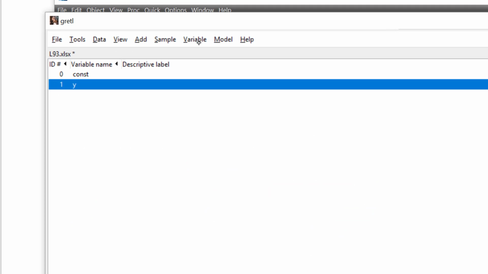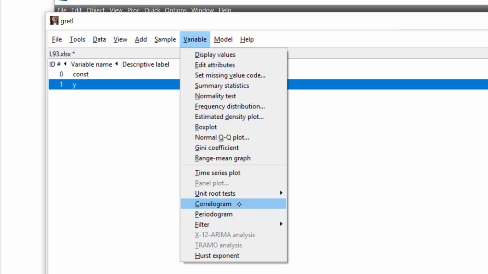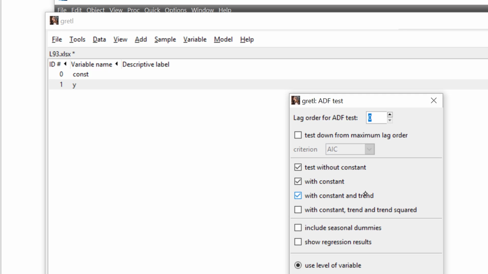Gretl looks very similar. Just go to variable, unit root test, augmented Dickey-Fuller. Here you set how many lagged values of delta yt to include. Gretl can also do this automatically. So if I set this to 12, then it tests down and finds the optimal lag order.